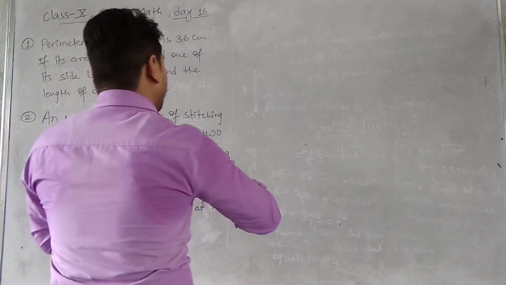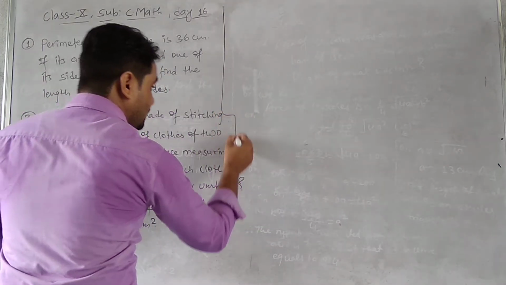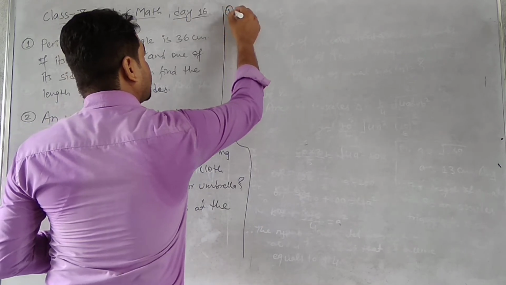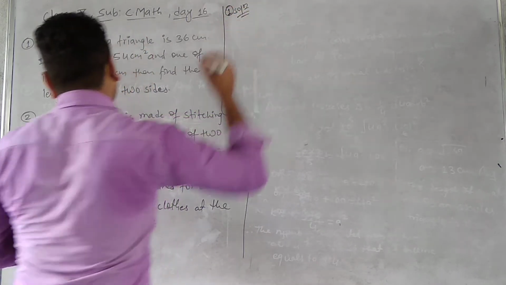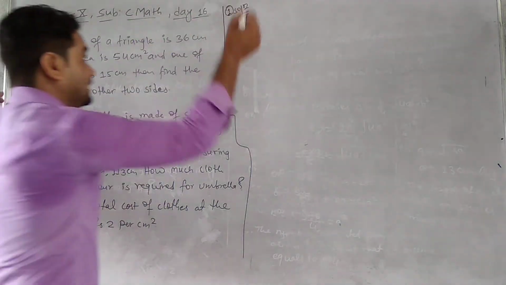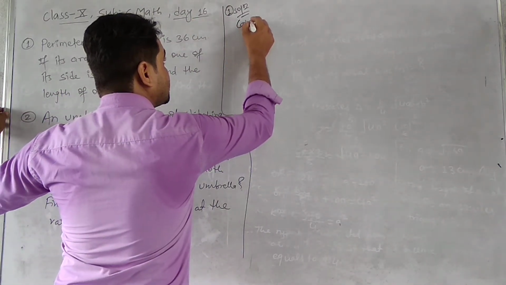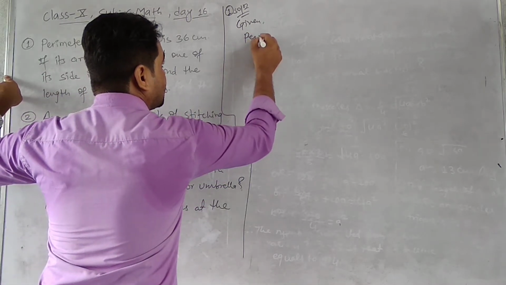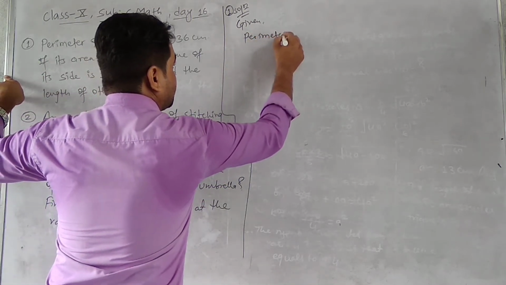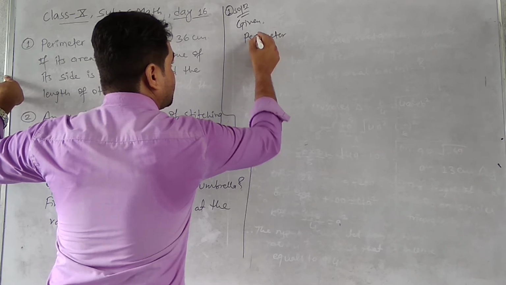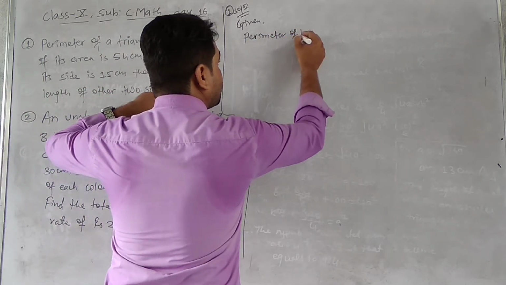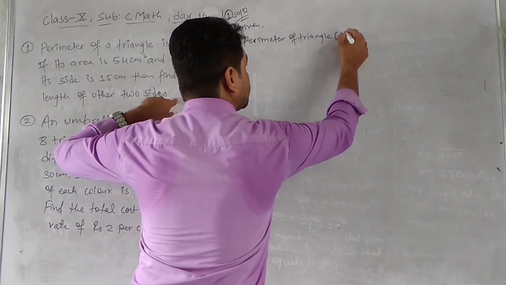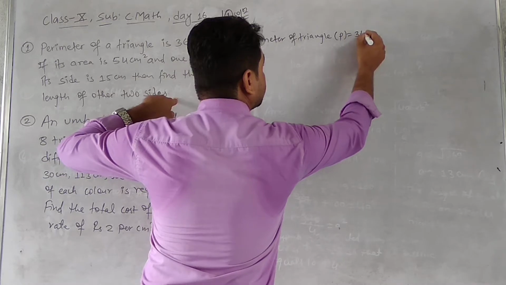We are going to do the question number 1 solution first. What is given? We are going to write the given. The perimeter of the triangle is given, that is P equals 36 centimeter.